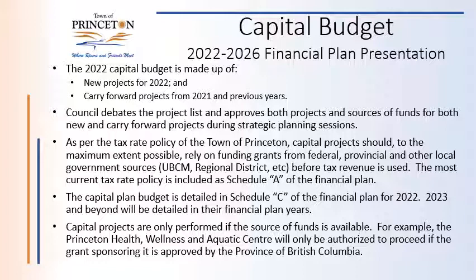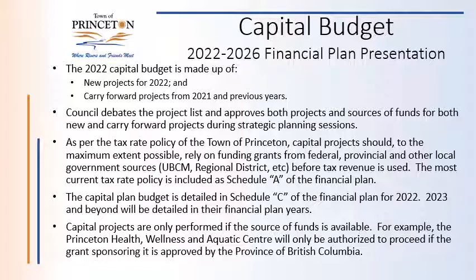If we have a project that starts in 2021, as soon as we pass the 2022 budget, that project is terminated unless we have a new source of funds within the 2022 budget. So those carry forward projects from 2021 get added back into the budget for 2022, and then any new things that we decide to start taking on in 2022 are added as well.